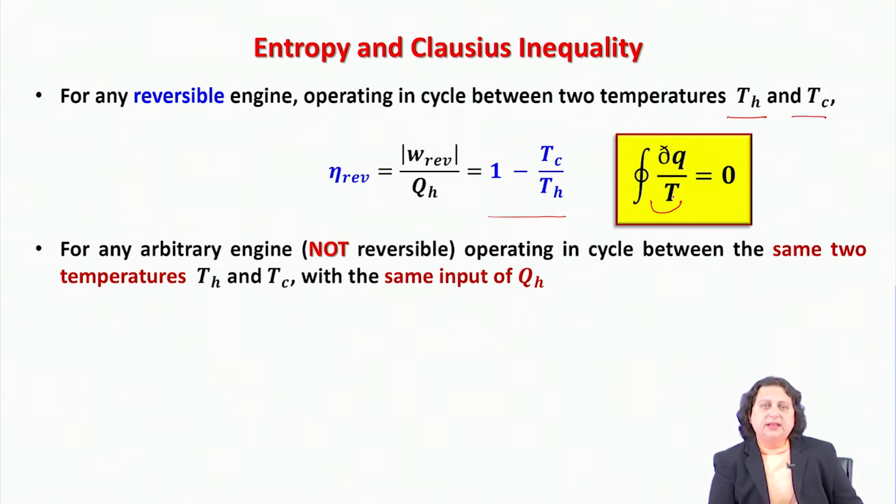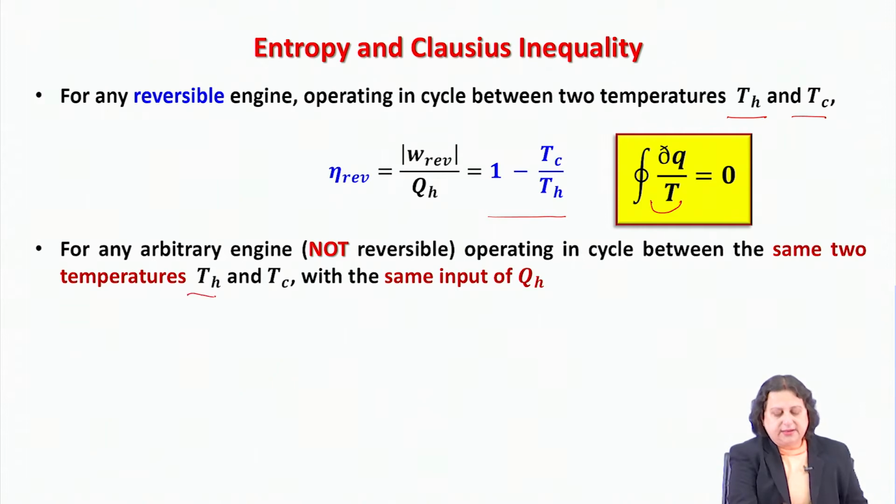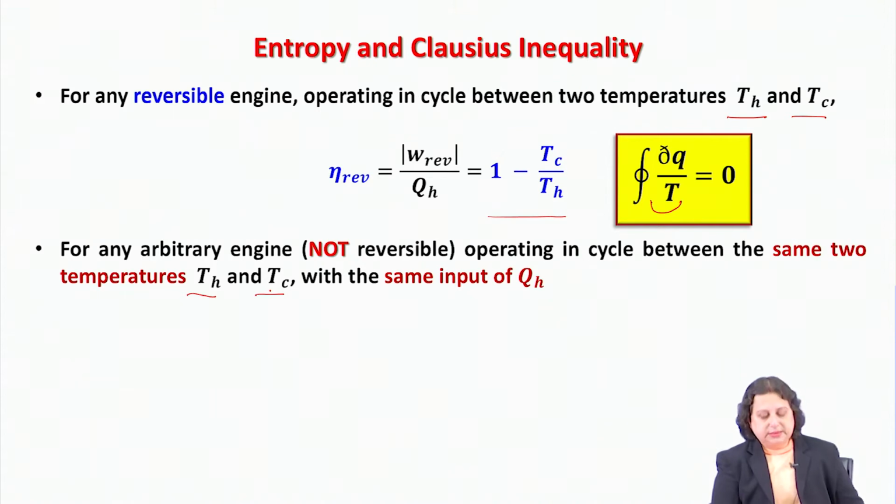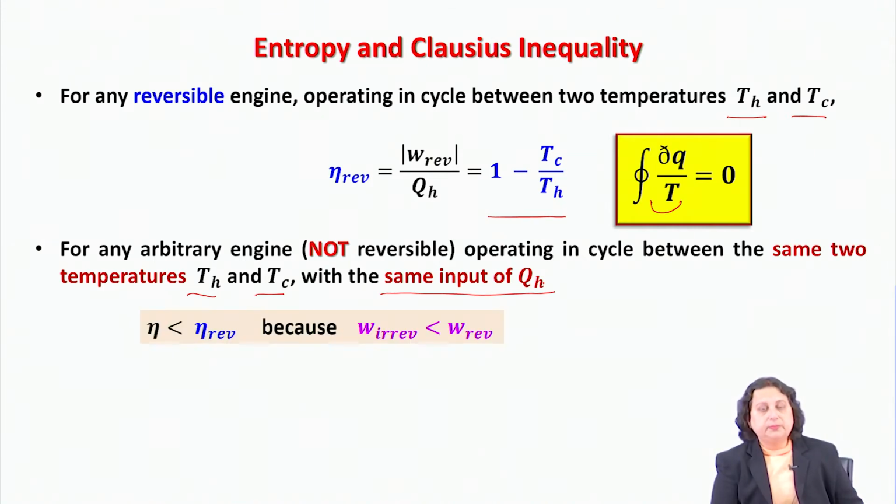Now, if I consider any arbitrary engine which is not reversible, that is, which is irreversible, operating in a cycle between the same two temperature reservoirs maintained at the higher temperature Th and lower temperature Tc, but with the same input of heat QH from the hot reservoir, I can write that eta is going to be less than eta reversible.